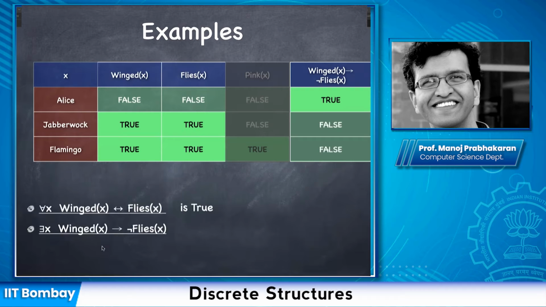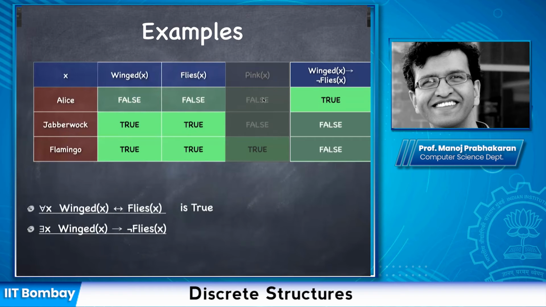And you might think that we already have a statement saying winged x is exactly the same as flies x, and here it's saying if winged x then not flies x, for some x. So it might look like this is going to be a false statement, except you have to be careful with your intuition when there are vacuously true statements involved.